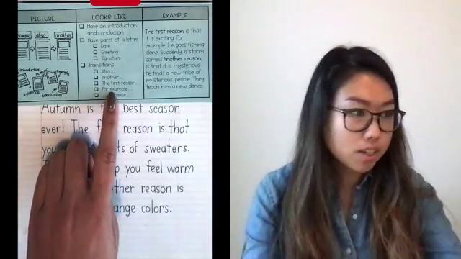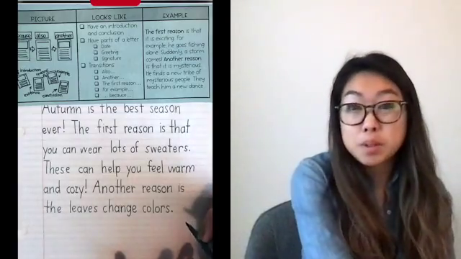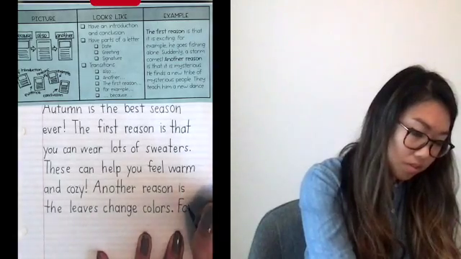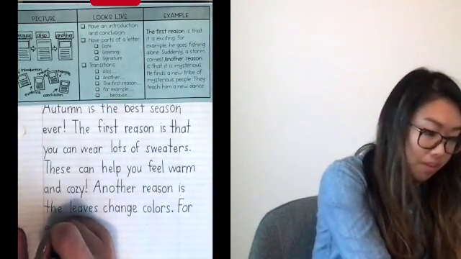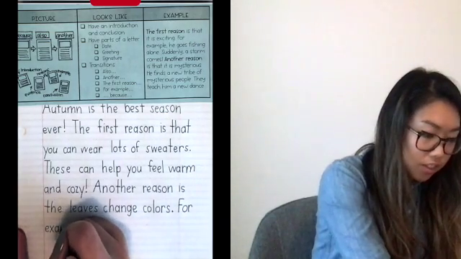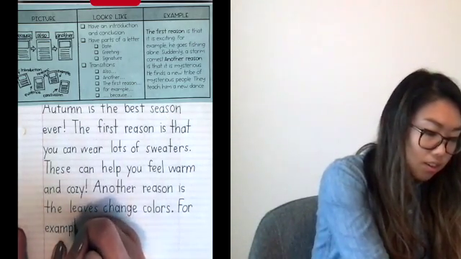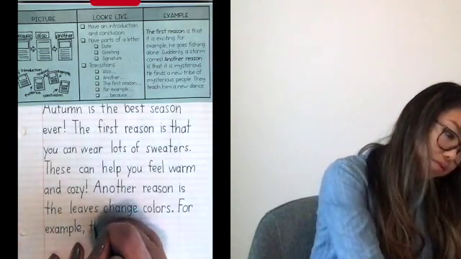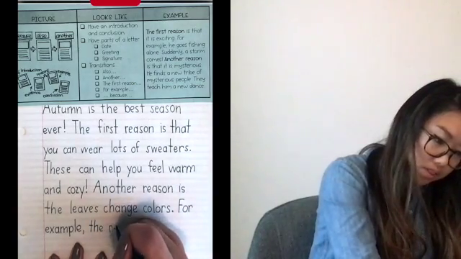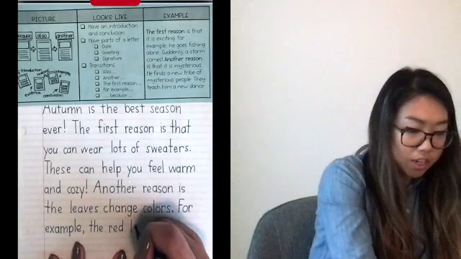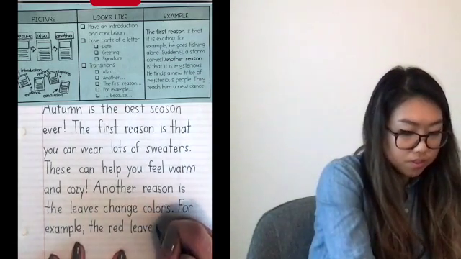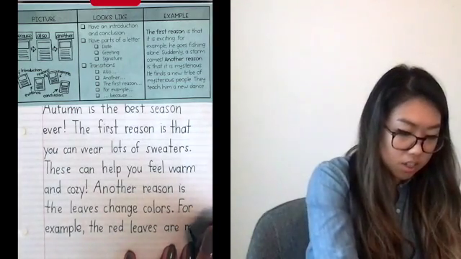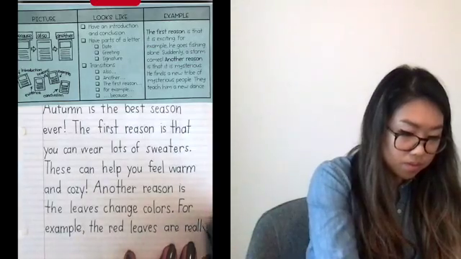I think I'm going to write for example. Because, for example, what colors could they change? For example, and I'm going to think, what's my favorite color that they change? And I really love red. I really love red leaves. The red leaves are really pretty.